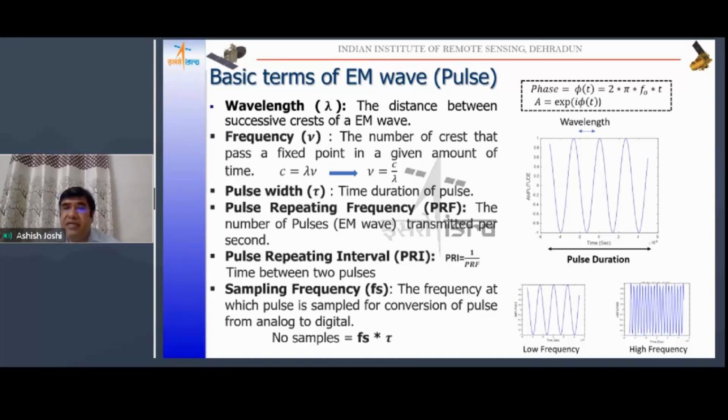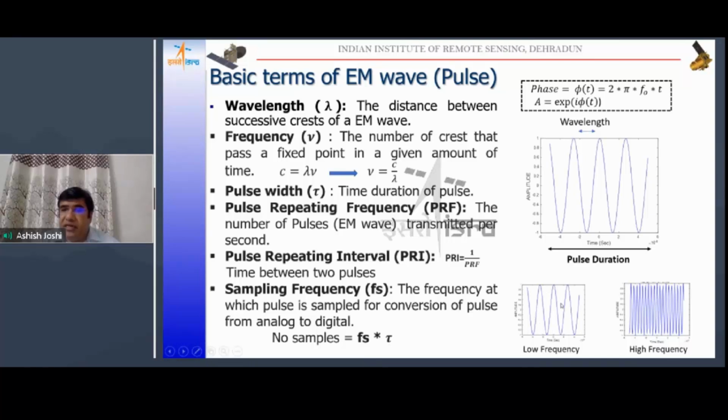The formula is: number of samples is given by the sampling frequency times the pulse width. So while converting the analog pulse to digital form, how many samples we get depends on the pulse width and the sampling frequency.